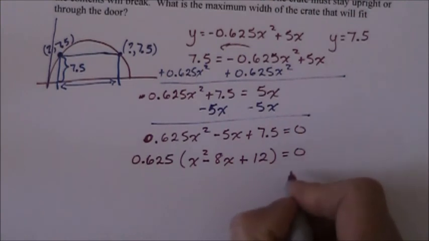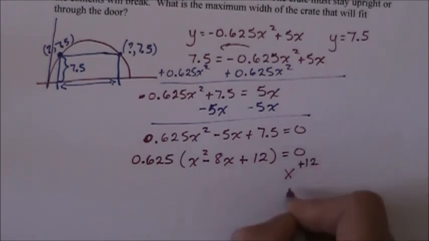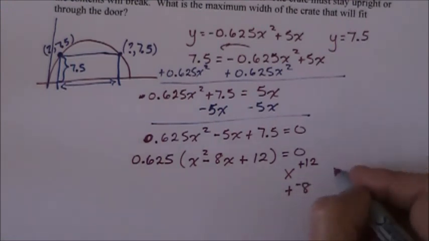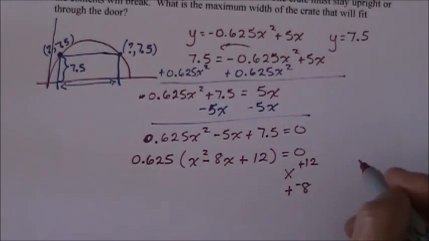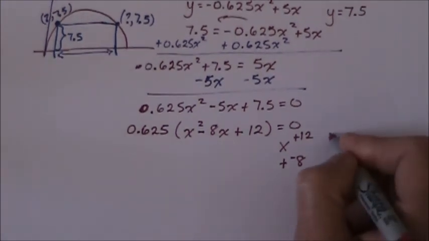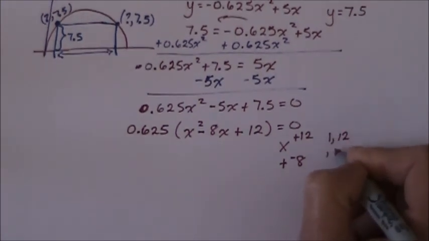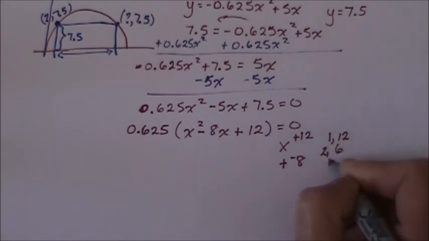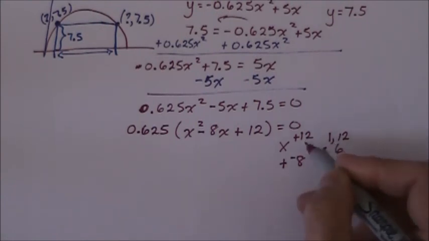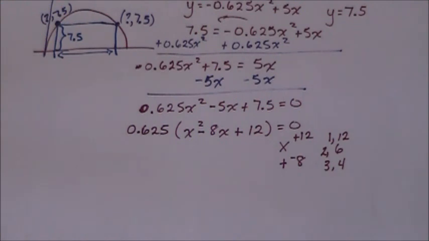At this stage now we're looking for two numbers that multiply to give me positive 12 and add to give me negative 8. Numbers that multiply to give me 12 are 1 and 12, 2 and 6, 3 and 4. In order to get a positive when we multiply, they both have to be either negative or both positive.